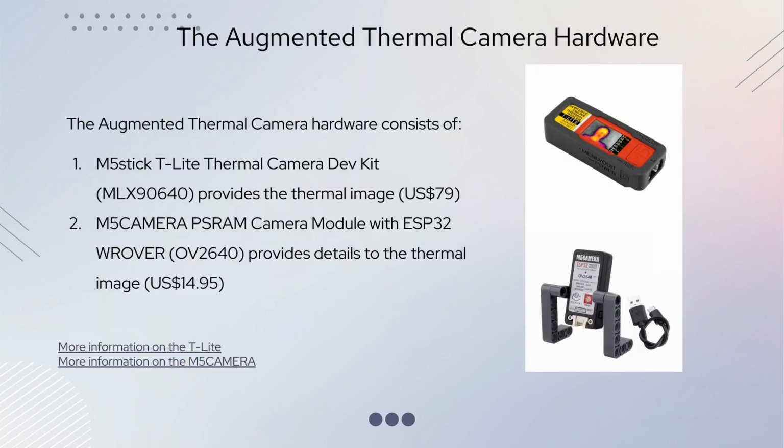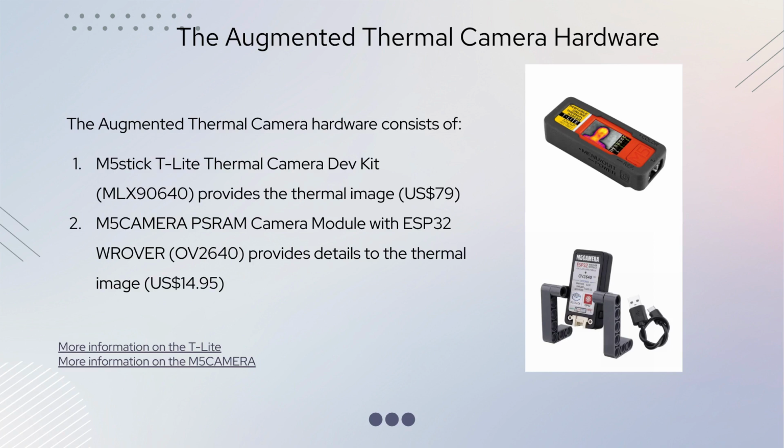How did I do it? How did I augment the low resolution thermal images with details so that you can tell what you're looking at? It has been proven in the previous challenges that you could not tell from the low resolution thermal images alone. The trick here is I'm actually using two cameras.